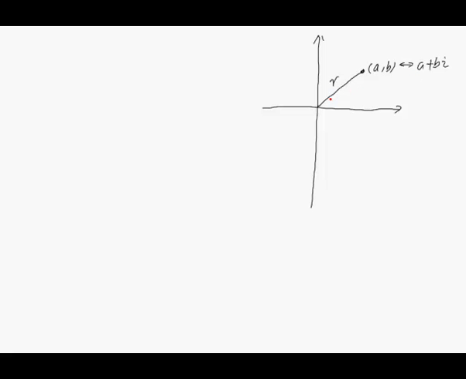The angle formed by the line going through this complex number and the positive x-axis is called the argument of this complex number. So right now, r is the modulus, and theta is the argument.